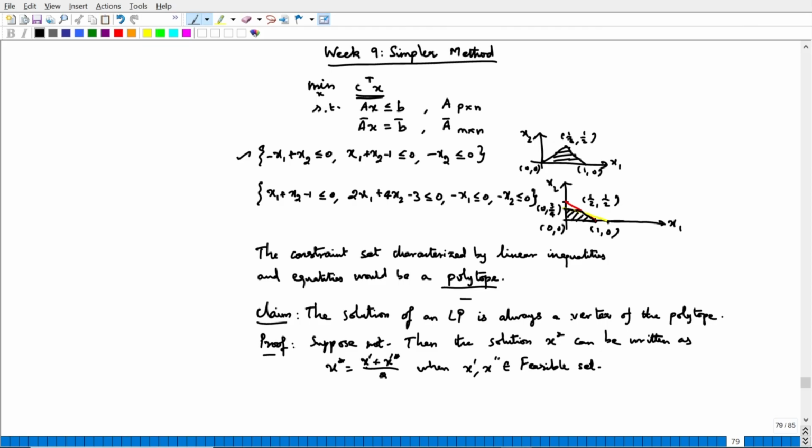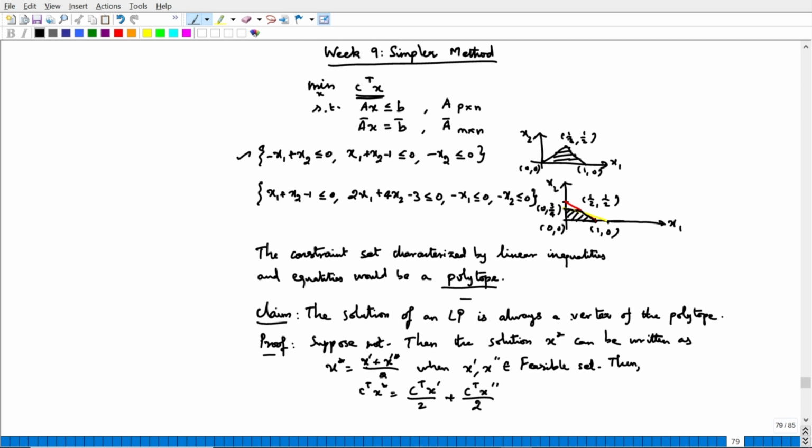Suppose the solution x star is a solution because C transpose x star is the minimum among the feasible set, right. Then we have C transpose x star equal to C transpose x dash by 2 plus C transpose x double dash by 2. Okay. But this is not possible because x dash and x double dash are not the minimizers, right.